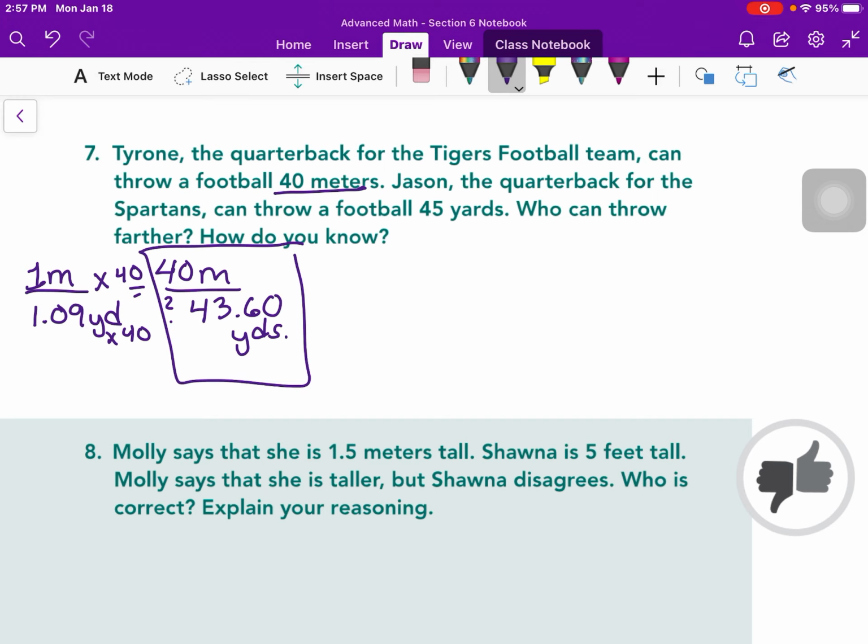So what does this tell me? Tyrone can throw 40 meters, and that equals 43.60 yards.